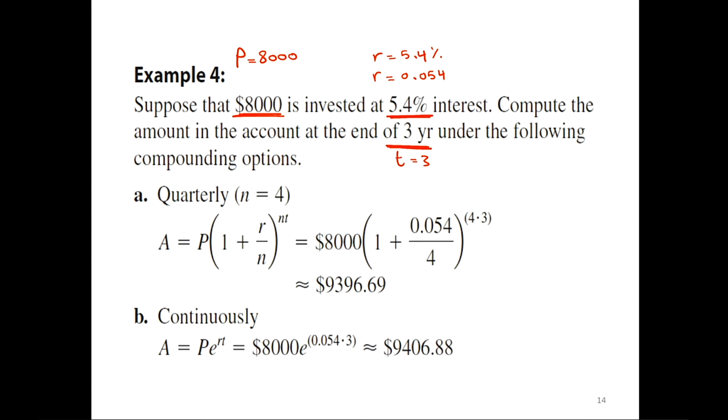under the following compounding options. Quarterly, this is n equals 4. Because this is compounding, we have compounded interest with n equals 4.